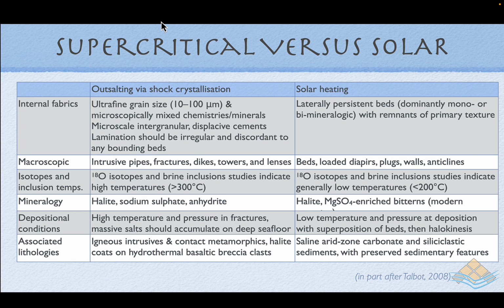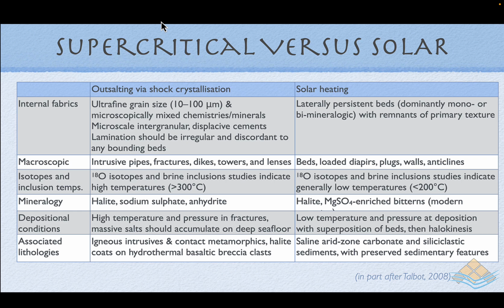They have mixed chemistries. At the microscale, within the fractures, they will be intergranular, displacive cements. Any lamination that may build up on the margins of these fractures or in the pores will be irregular, and it will be discordant to any bounding beds in the hosting volcanogenic sequence.